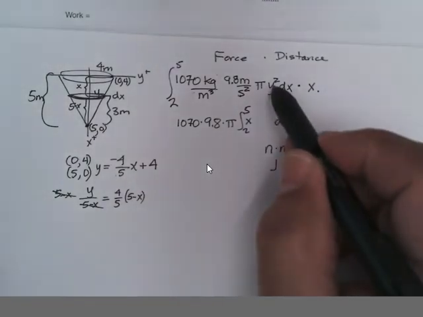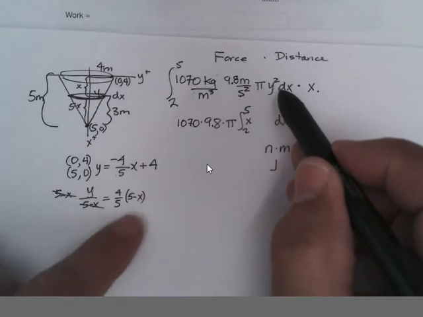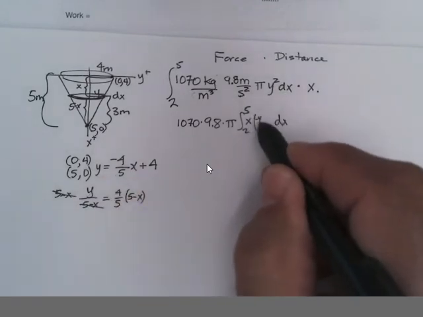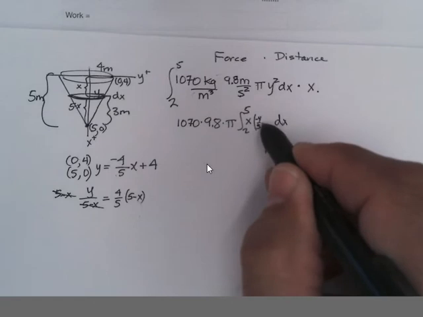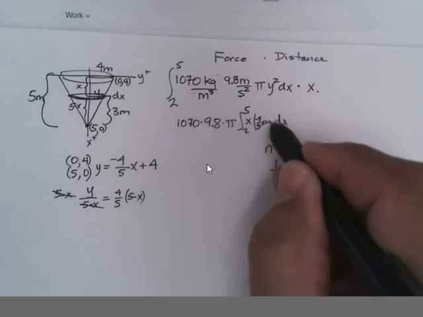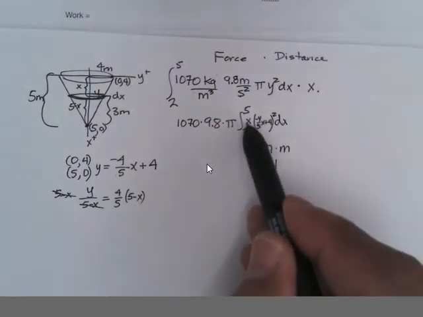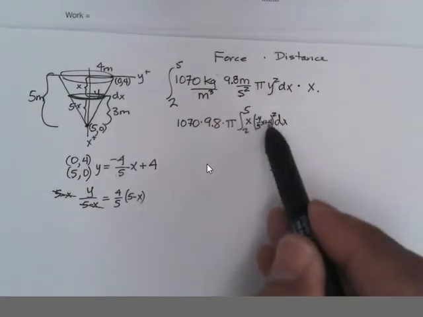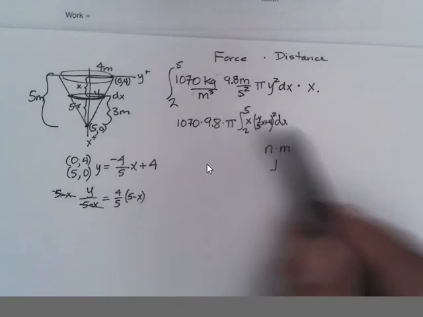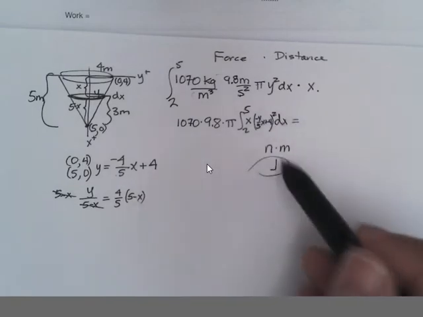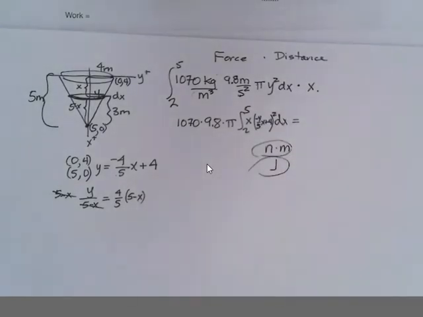So for the y squared, I need to put in one of these two, minus 4/5 x plus 4, squared. I can type that into my calculator, or I can square this and distribute the x and integrate, or just type this in the calculator and I should get the answer. And remember, the units are joules or Newton meters. That's number one.